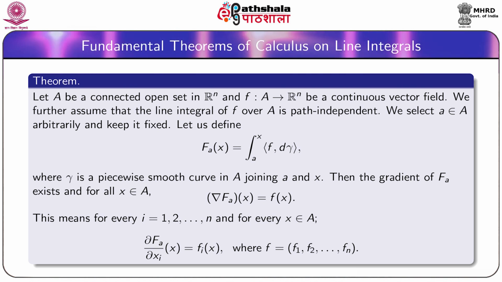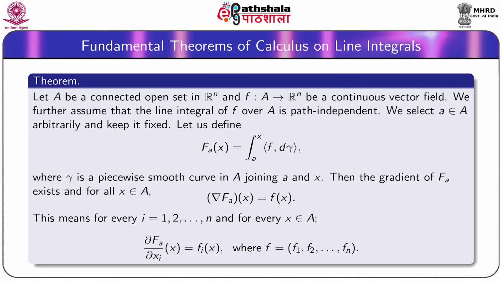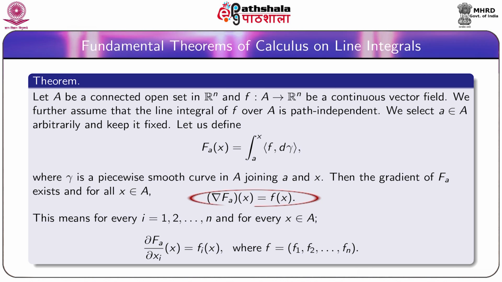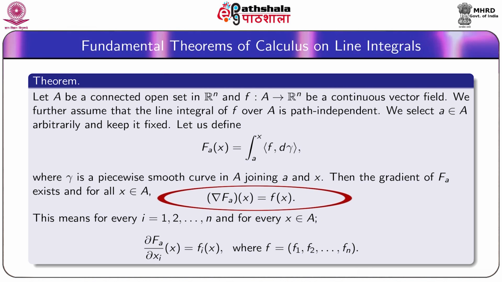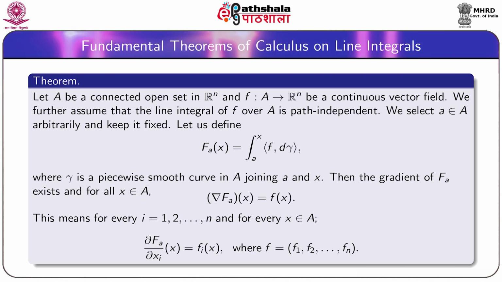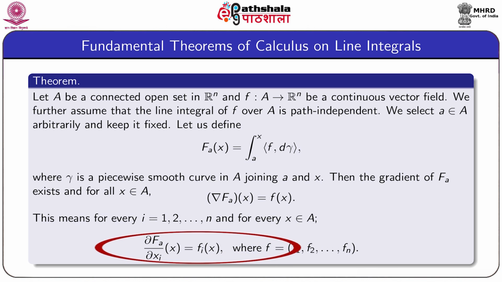Then the gradient of F_a exists, and for each x in A, grad F_a(x) equals f(x). That is, the functions grad F_a and small f are the same. This means that for every i from 1 to n and for every x in A, ∂F_a/∂x_i (x) equals f_i(x), where small f, a vector field, has components f_1, f_2 up to f_n.